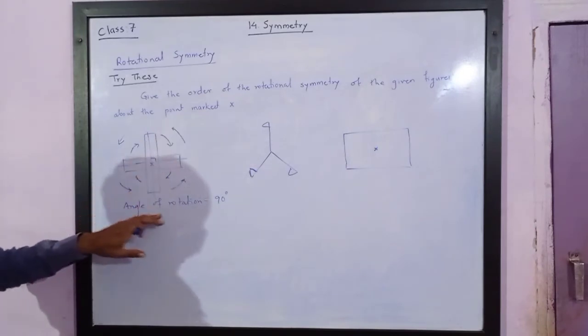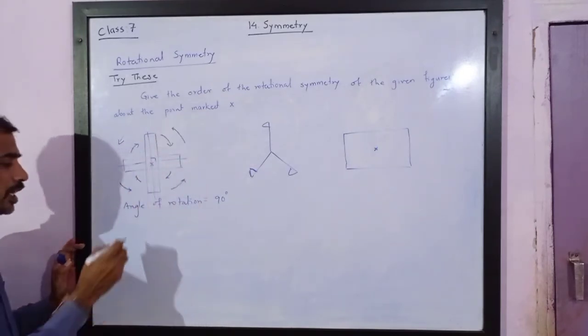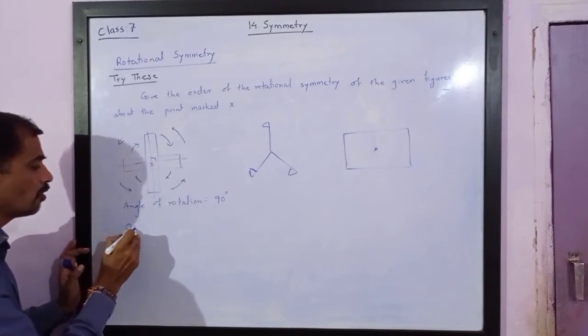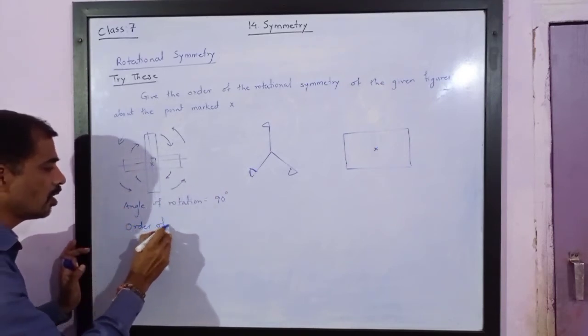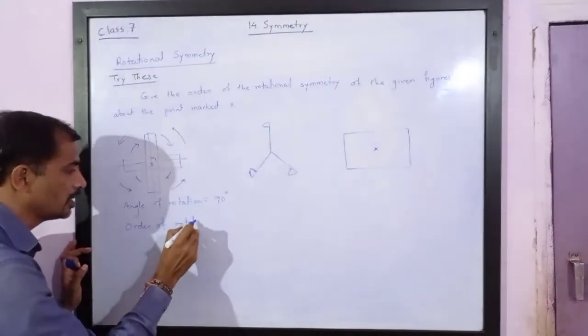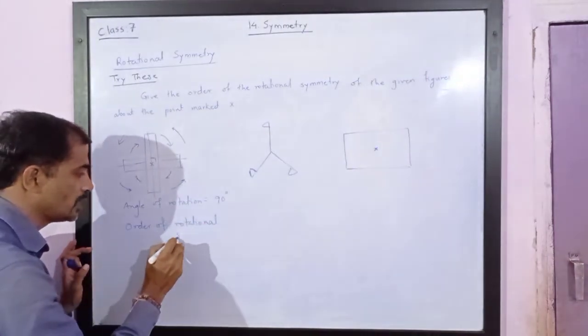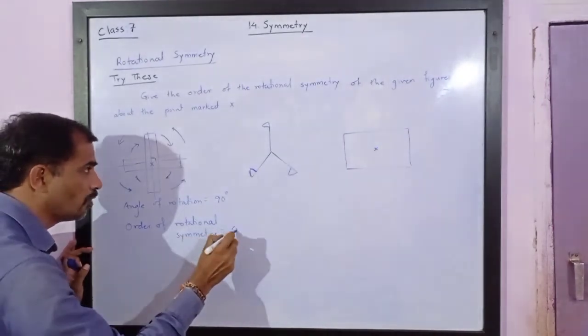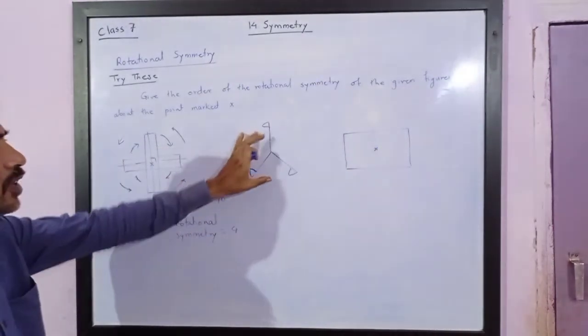Now if you see the order of the rotational symmetry, there are 4 possible positions. So the order of rotational symmetry is equal to 4.